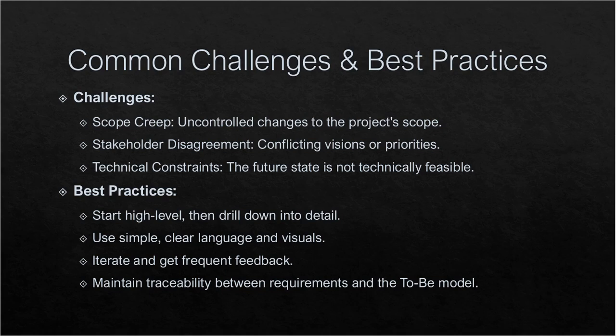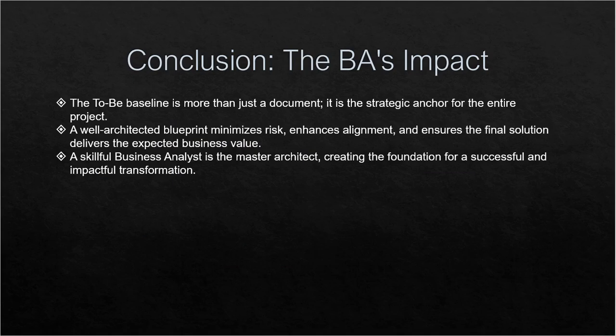And then let's move on to the last slide, which is the conclusion: the BA's impact on the success of the as-is and to-be documents. The to-be baseline is more than just a document. It gives you a brief overview of how the future state process flow will look like.